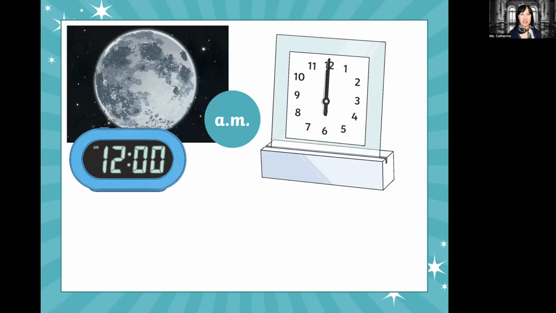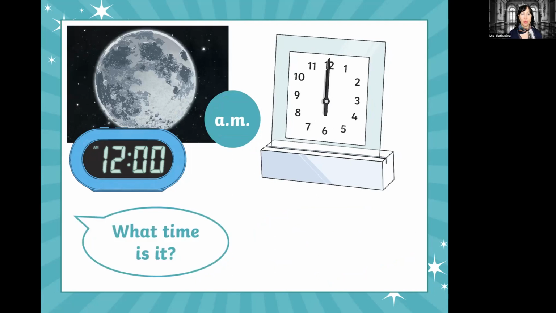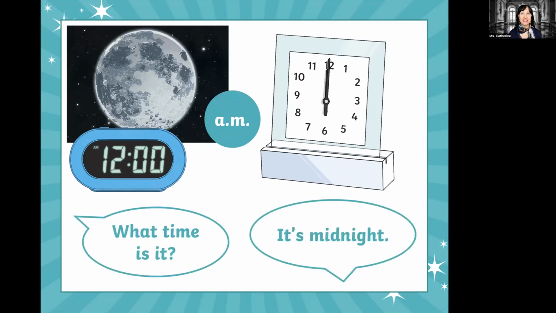So what time is this? So we know that this is in the morning. Remember, nighttime could also be AM. So what time is it? It's midnight. So we can say it's midnight.